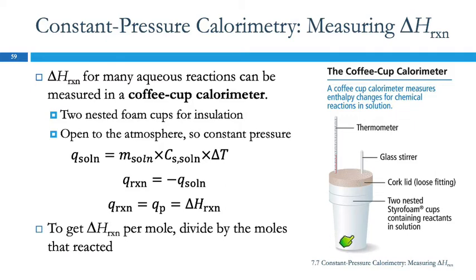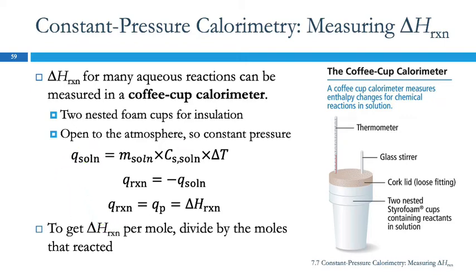So you have your chemical reaction occurring in here. You have a thermometer so that you can monitor the temperature, and it needs to be stirred so the reaction occurs and the heat gets all over the place. So here we have Q solution and Q for the reaction.